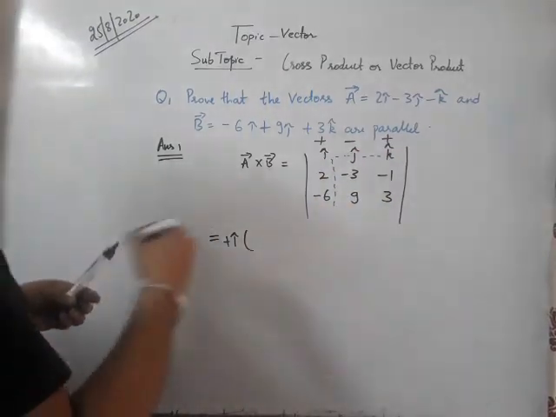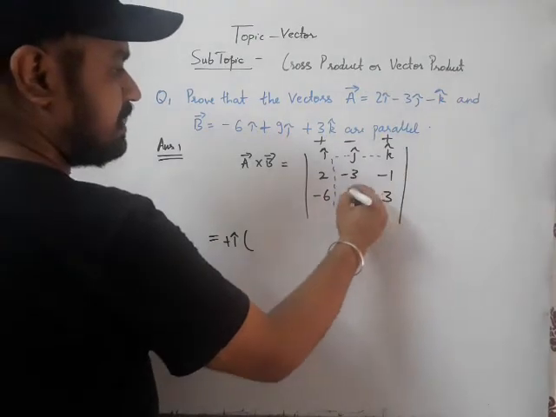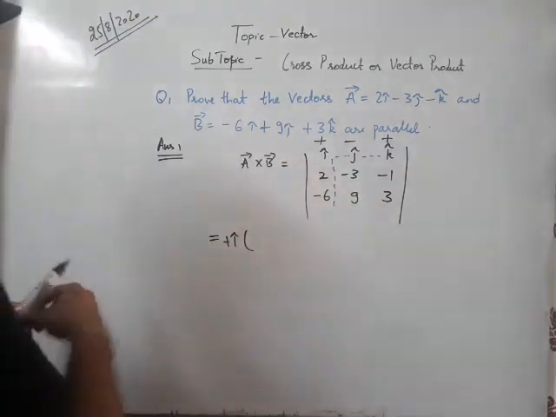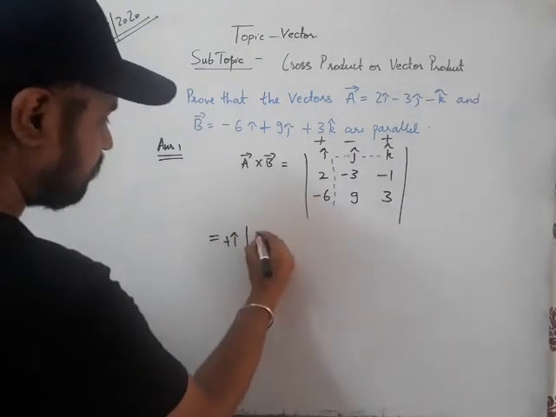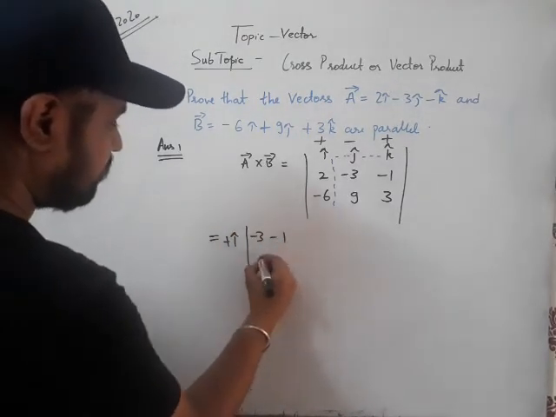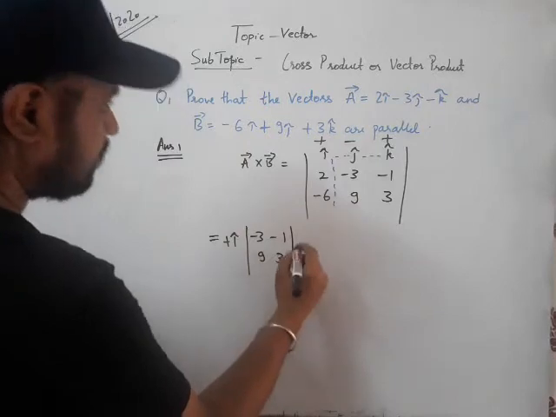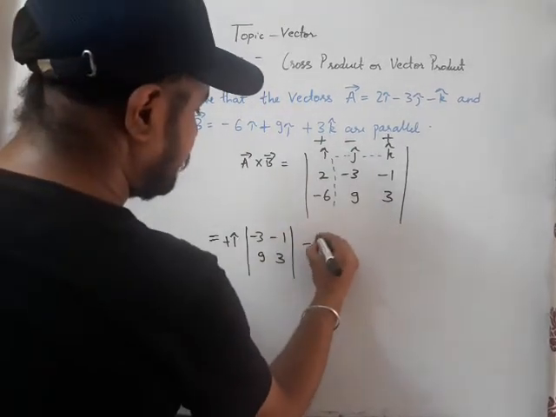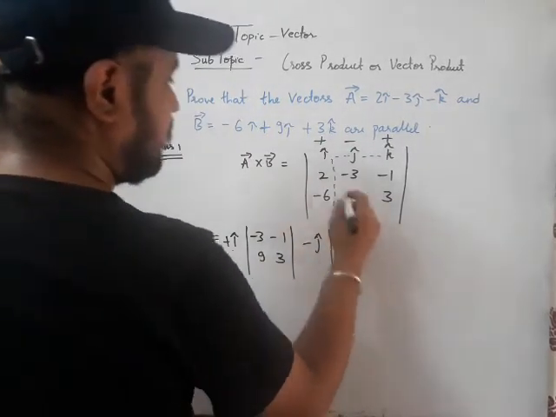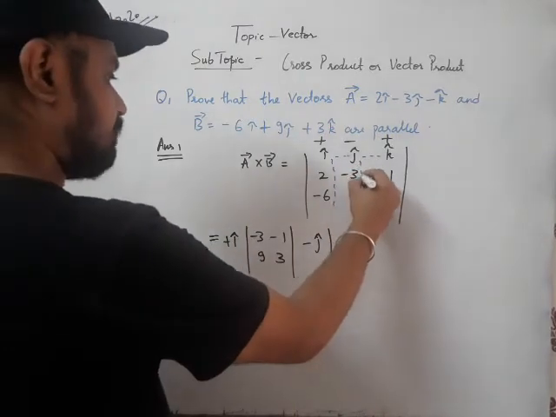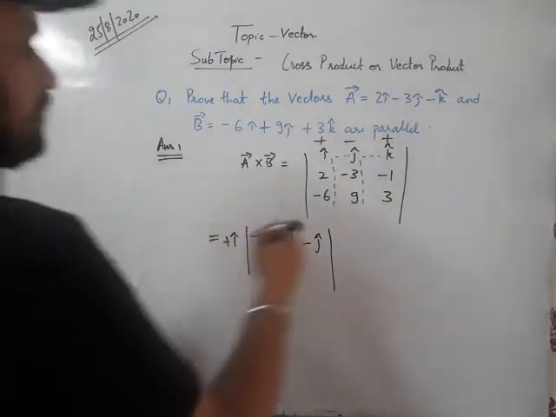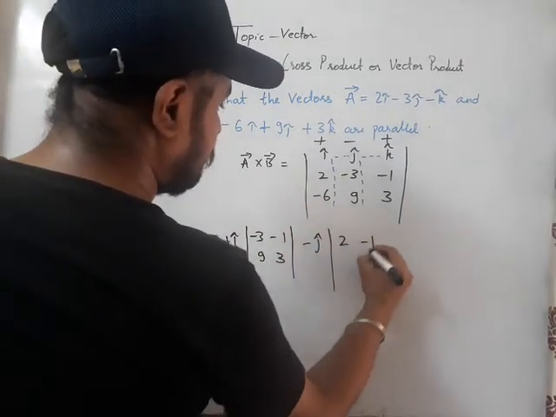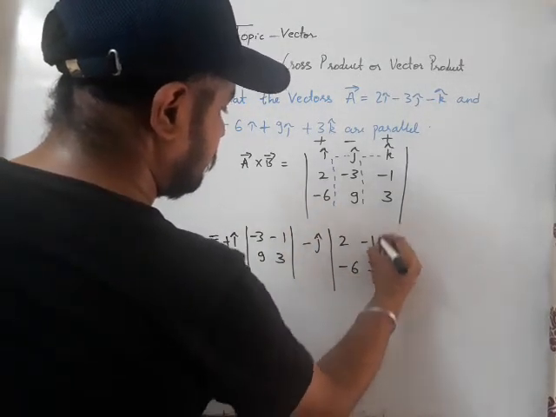So only left with this minus 3, 1, 9 and 3. We have to rewrite that over here. That will be written as minus 3, minus 1, 9, 3. Now is minus J cap. And now again neglecting the column below and row in front of J, we will be left with 2, minus 1, minus 6, 3.